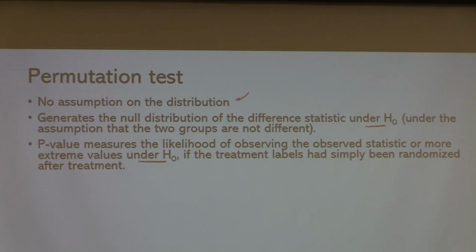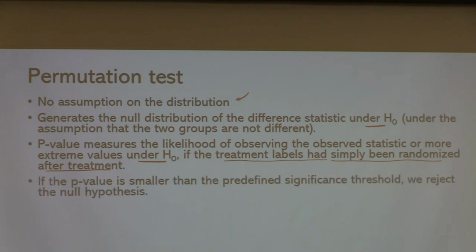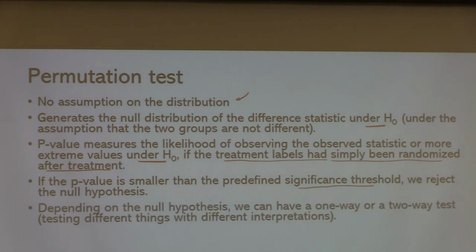This means that under H0 we can simply randomize the two labels, the labels representing whether a subject belongs to group A or to group B. So if the p-value is smaller than the predefined significance threshold of like 5%, we reject the null hypothesis. Then depending on the test, we can have a one-way or two-way test. These are testing different things with different interpretations.